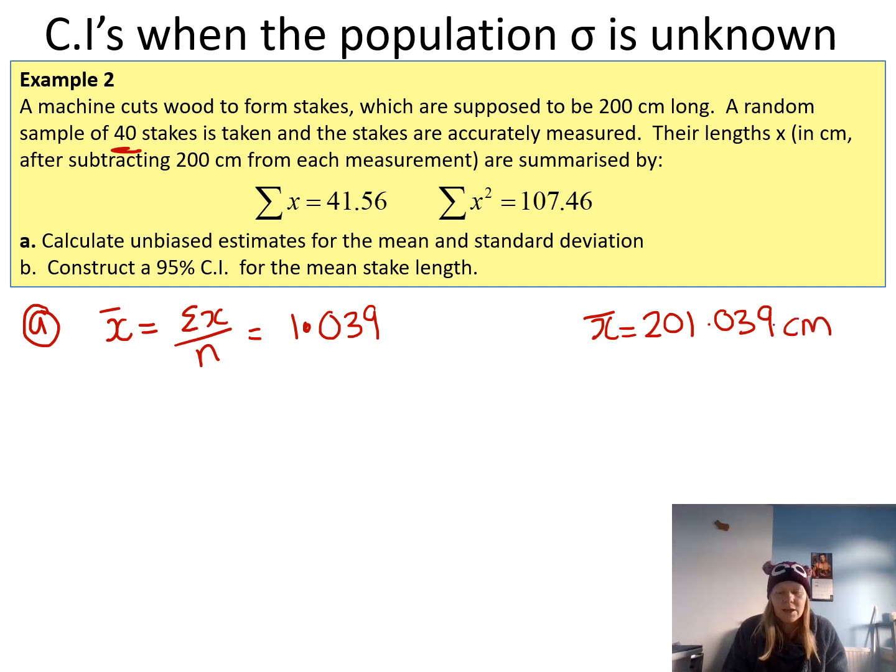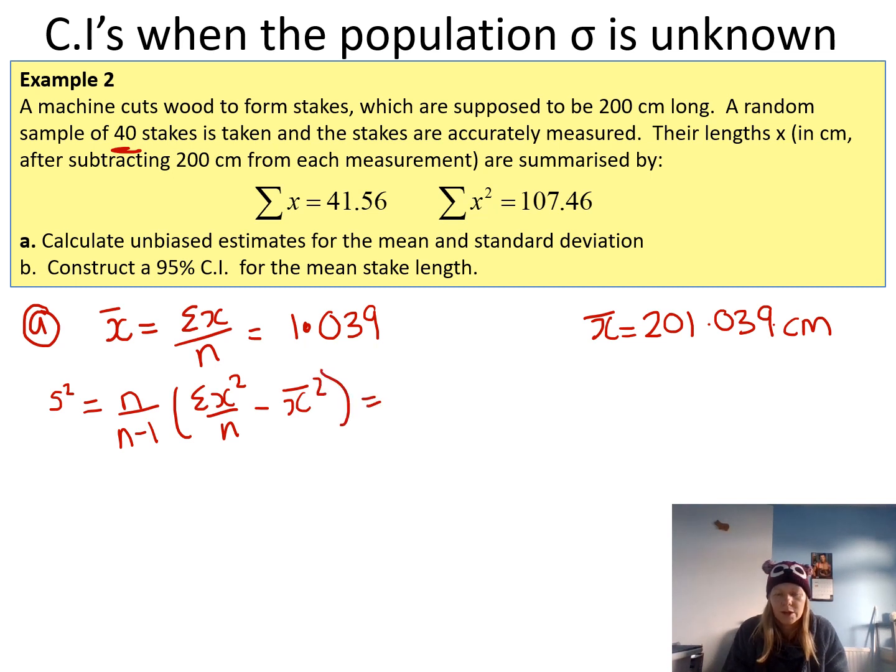The standard deviation, so our s squared, that's the variance actually. So what we'd have to do here would be n over n minus 1 of sum of the x squareds over n minus the mean squared, which is x bar squared.